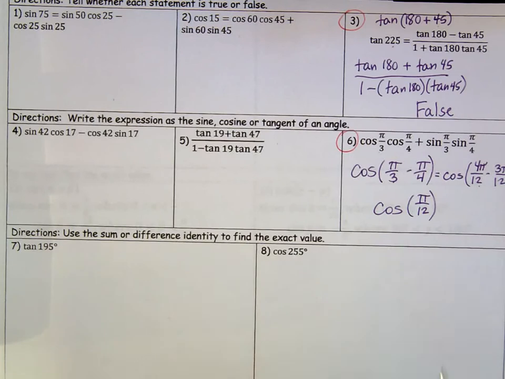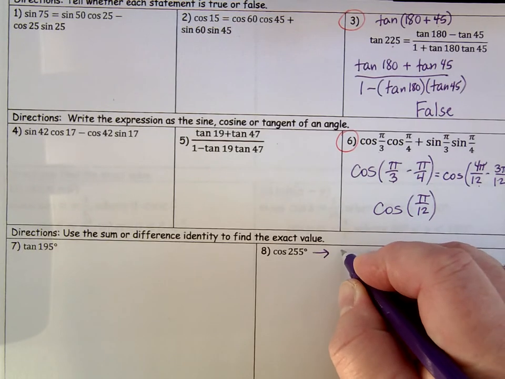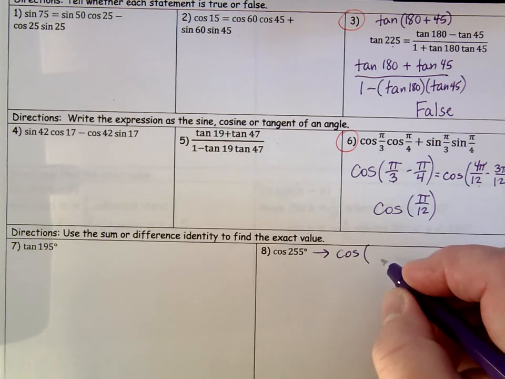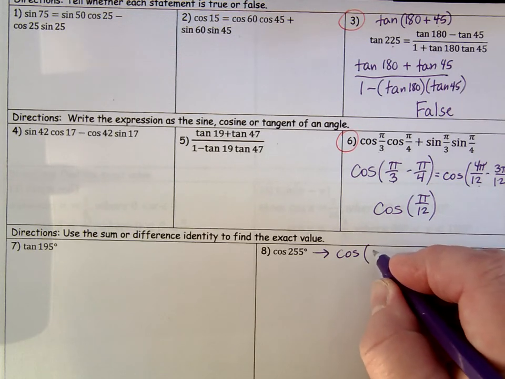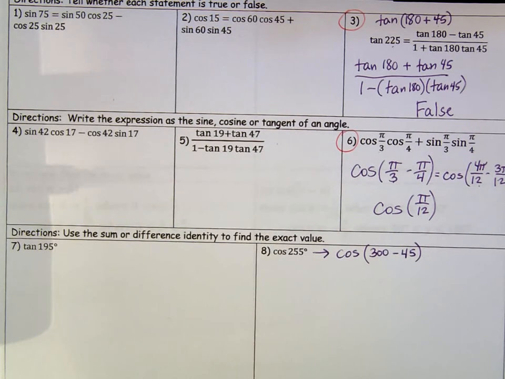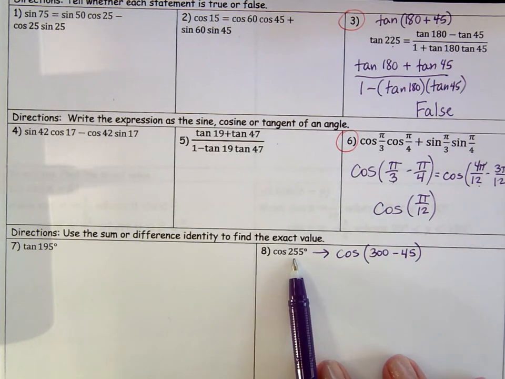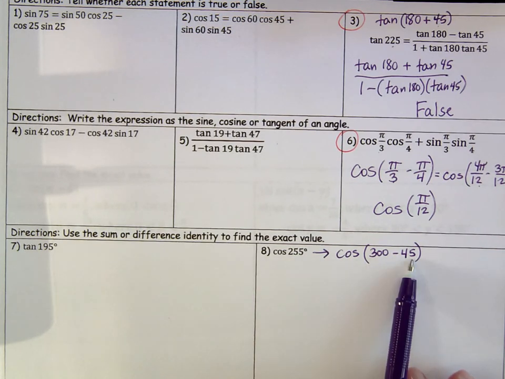There's more than one way to do this, but the first thing that comes to my mind, since it's cosine, is that 255 is not on my chart, so I can use numbers on the chart like 300 and subtract away 45. That gives me 255. So you break these into whatever combination you want that are numbers on your chart, then expand them, fill in the values, and see what the number comes out to be.